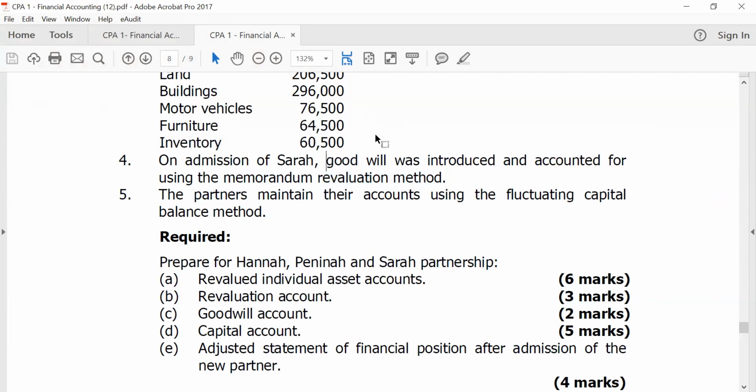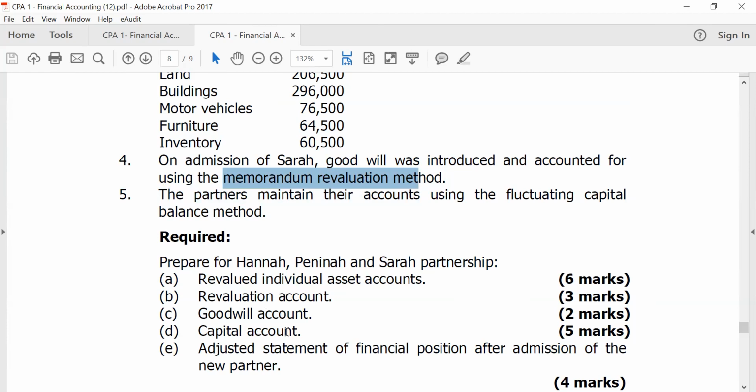Sometimes they can say goodwill was introduced, but the partners choose to write it off. Sometimes they may not specifically tell you this method, but they can tell you that the partners don't keep goodwill in their books of accounts. So it's the same thing that will happen in that case, okay?